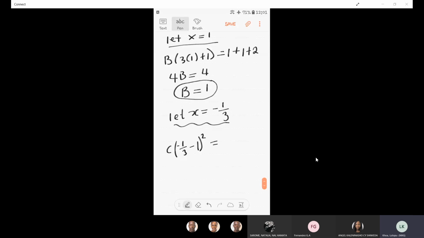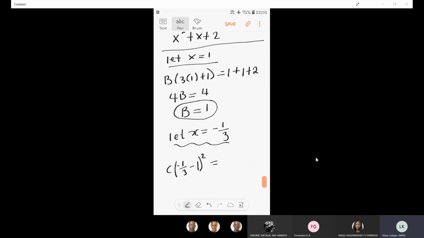And then on the right hand side, I have negative 1/3 squared plus negative 1/3, then plus 2. Let me just write this better.